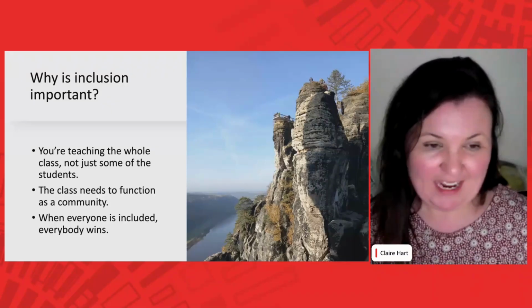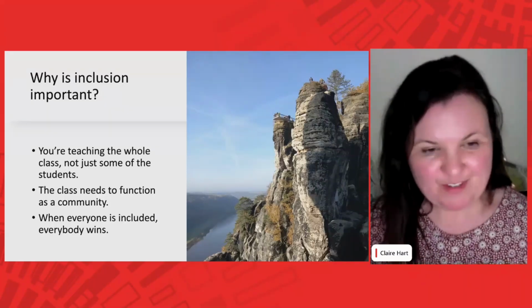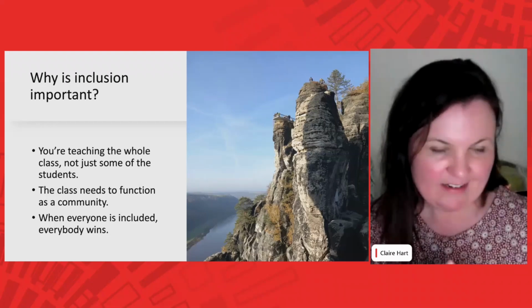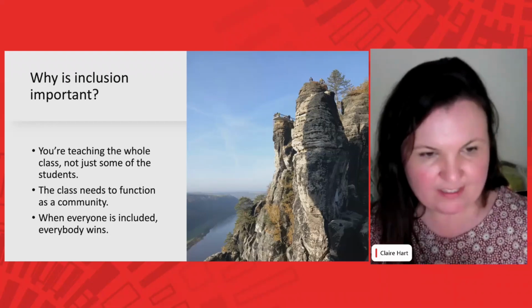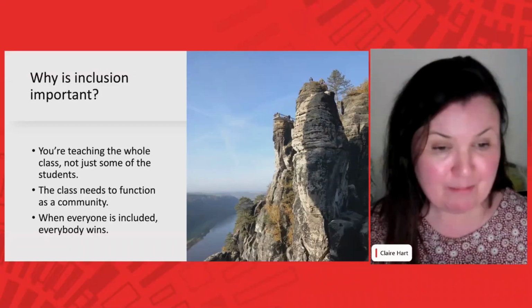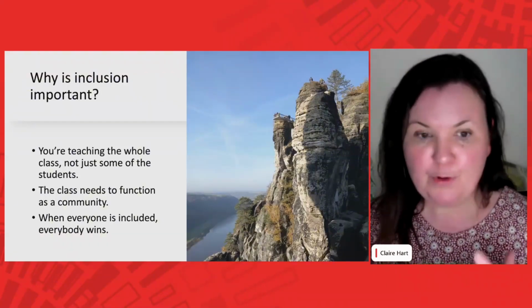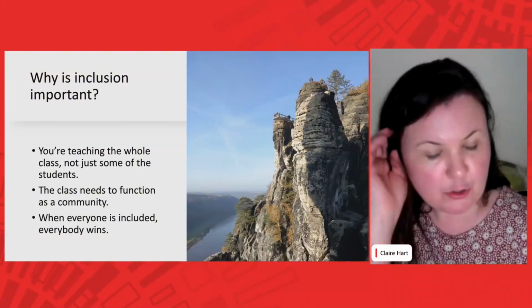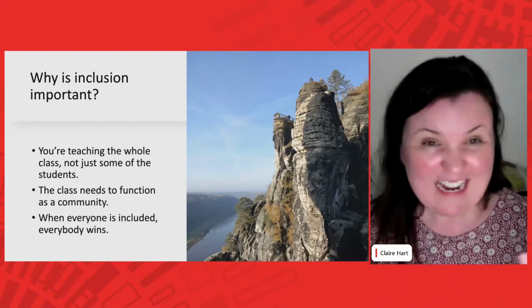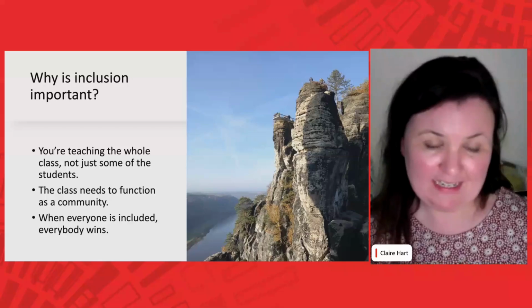Of course, the whole class, the whole community, we have to, as teachers, consider the whole class and do what's best for the whole class. But we also have to have that compassion for neurodiverse students who, like in this example, are inadvertently disrupting the class.